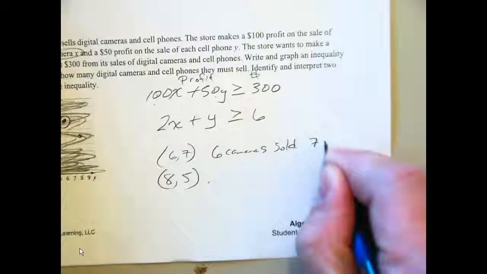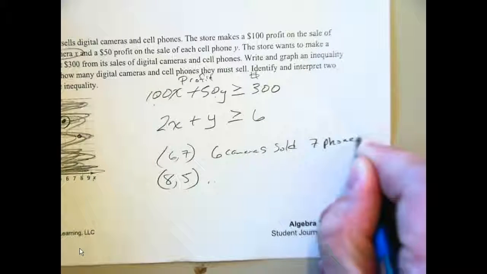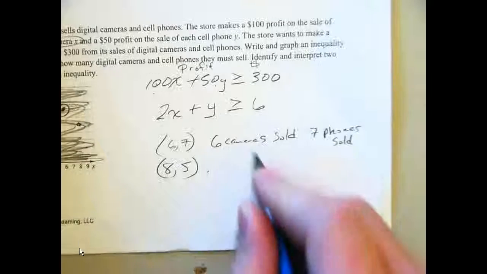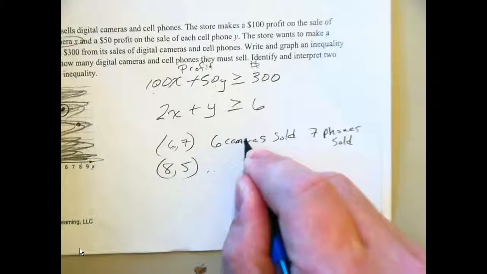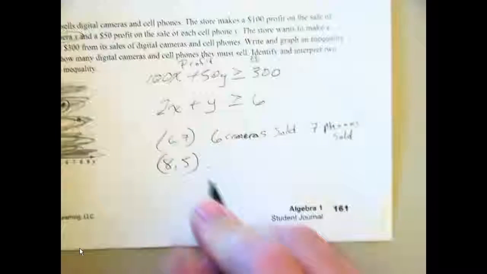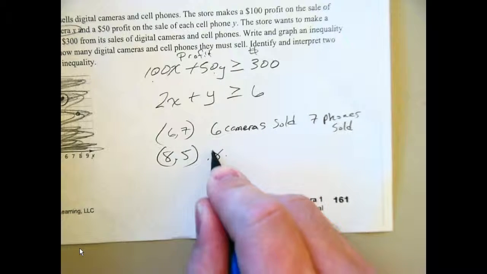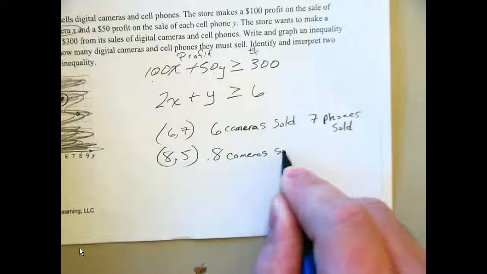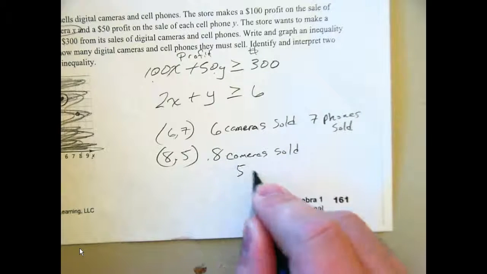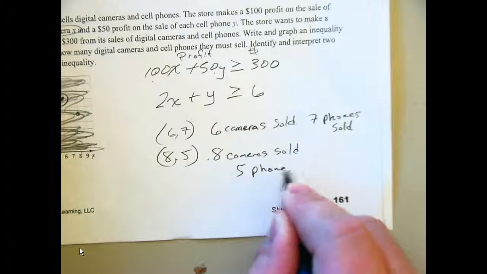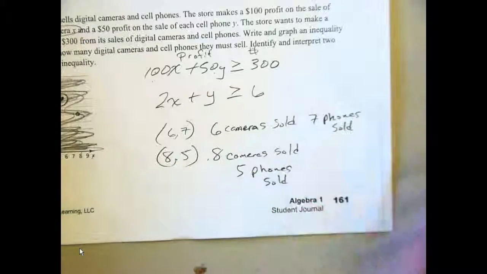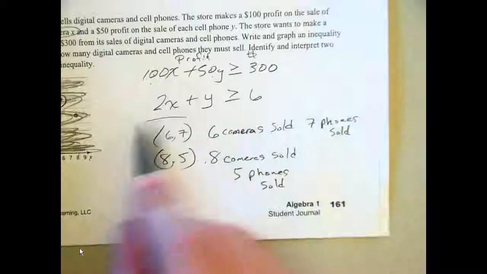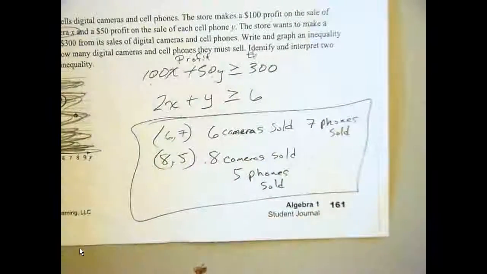Yeah. 7 phones sold. Okay, so when you're interpreting, you are using your labels to explain what they mean. So this would be 8 cameras, 5 phones. All right. So you want to make sure, once you name them, you interpret them. Okay.